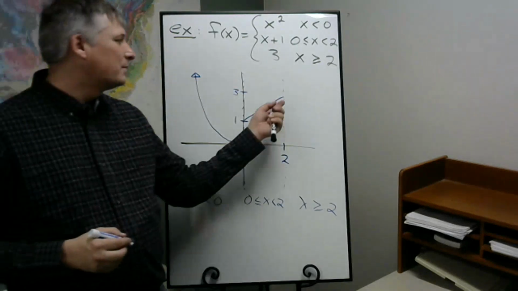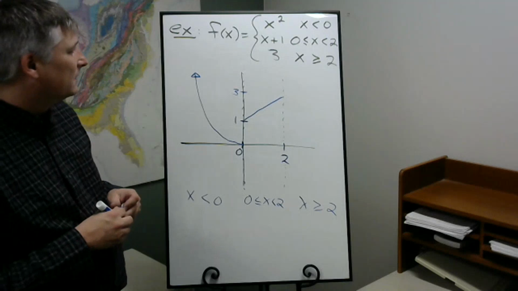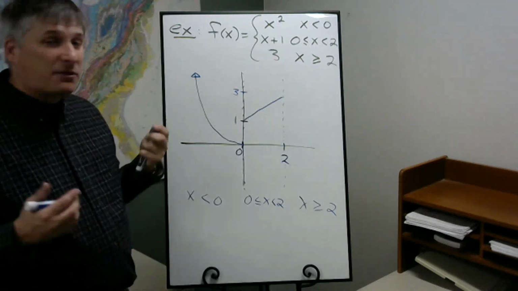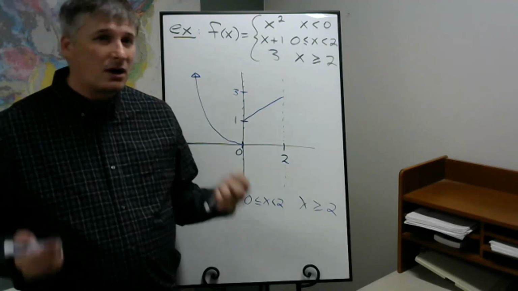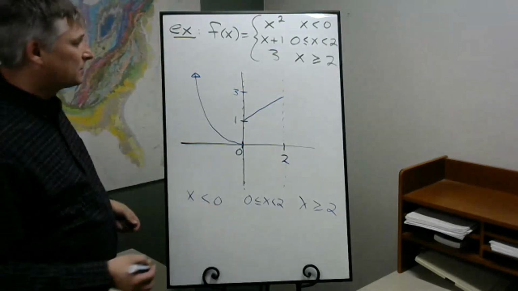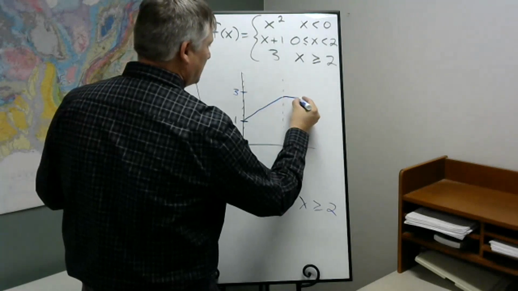So we're going to stop at x is 2, y is 3. Now, we go to the third phase. Now, the third phase says that we have a constant function, f of x equals 3. So that means we start at 3, and then we just continue on.